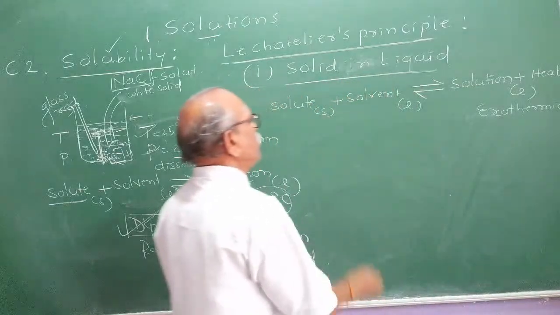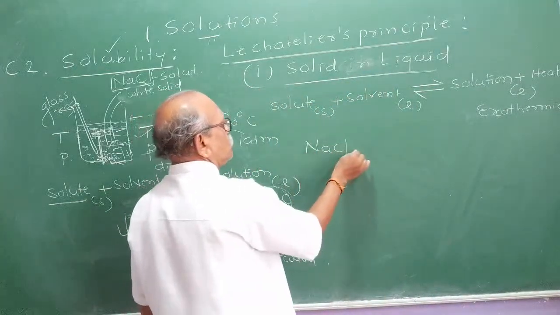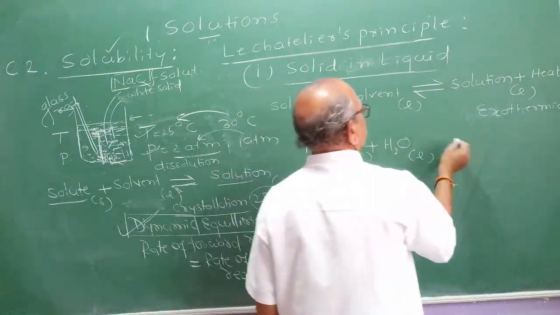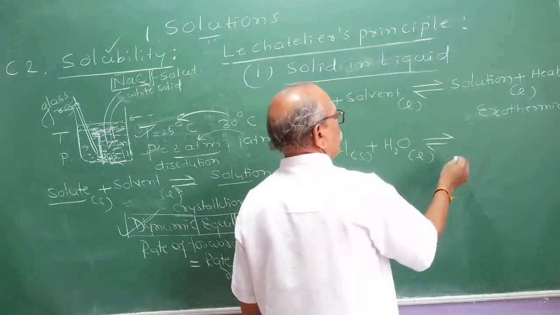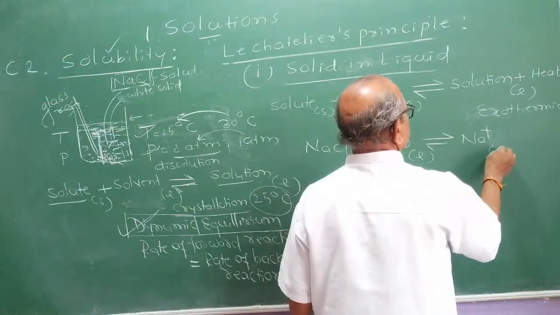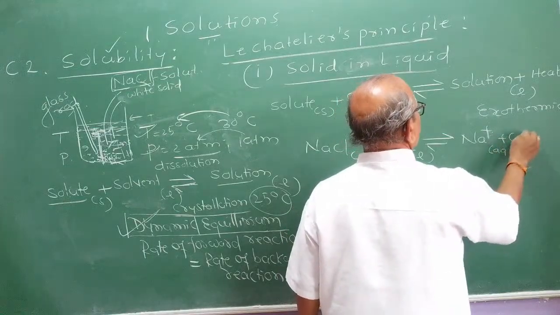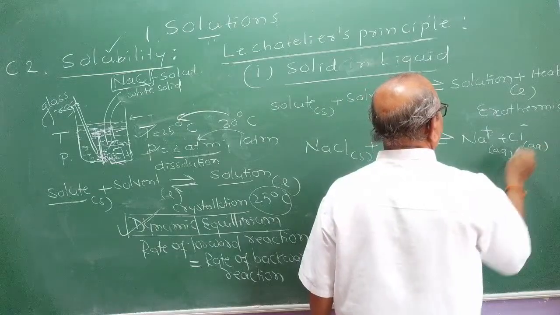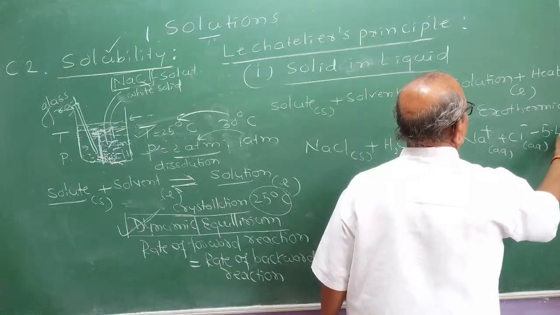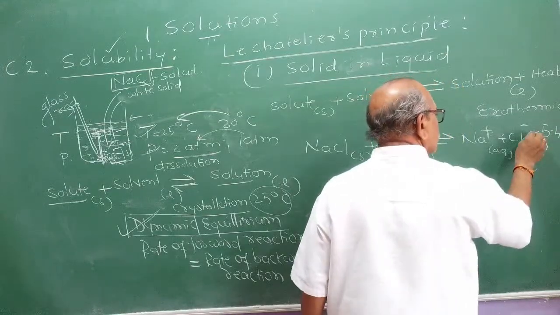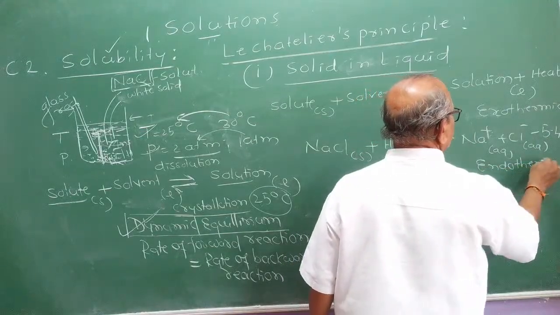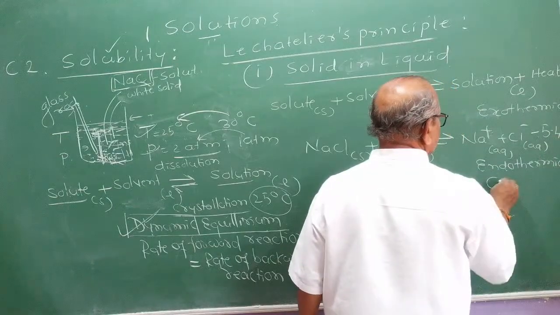For example, when you dissolve sodium chloride in water, suppose that it attained equilibrium, you will get a sodium chloride solution, Na plus aqua plus Cl minus aqua, and it will absorb heat energy which is equal to minus 5.45 kilojoule. This minus sign indicates it is endothermic. Means that much of heat energy is absorbed.